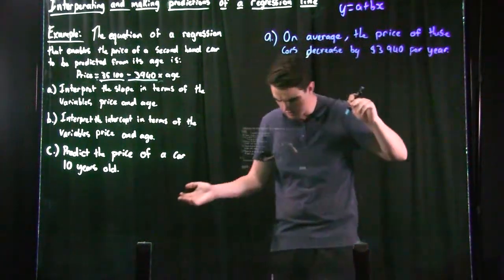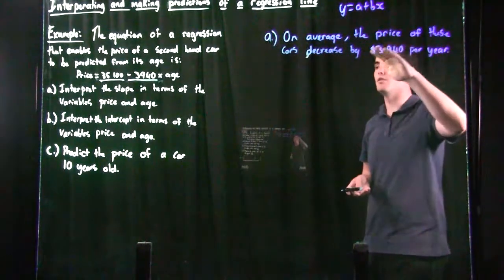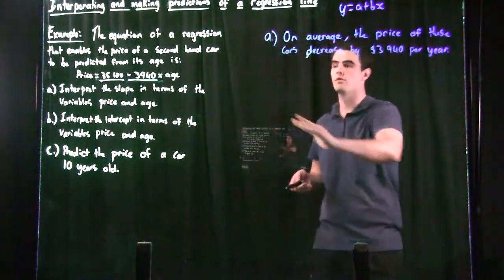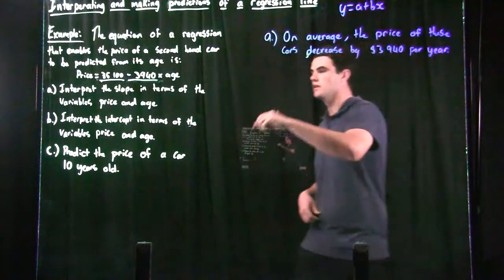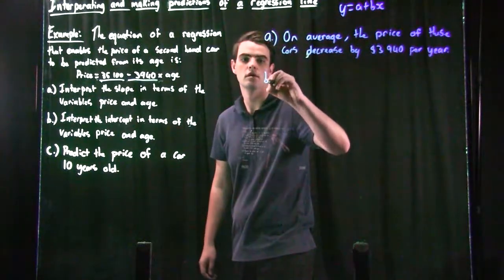Okay, so that's all we needed to write. We just need to know that that B value is negative, therefore it is decreasing. Okay, let's move on to part B.